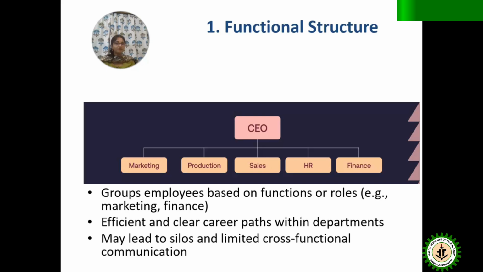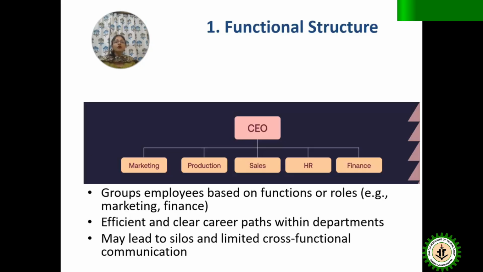In the given diagram, the upper management is the CEO, Chief Executive Officer. Under the Chief Executive Officer, there are several departments, namely marketing, production, sales, HR, finances, etc. Now, each department has a specific subhead who controls and looks after the employees working under that particular team.